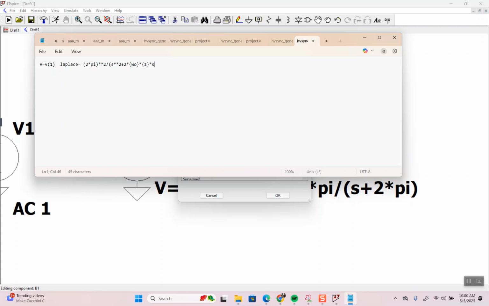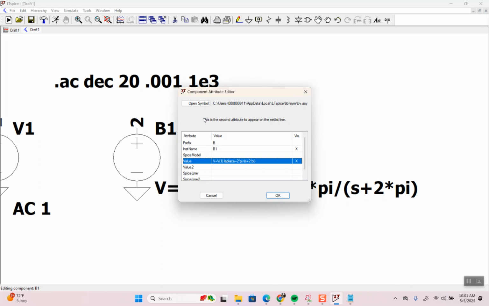S plus, oh wait. I could have programmed that too. Omega naught squared, S squared, 2 times omega naught times the damping coefficient. It's that. So much easier than trying to write things in there.